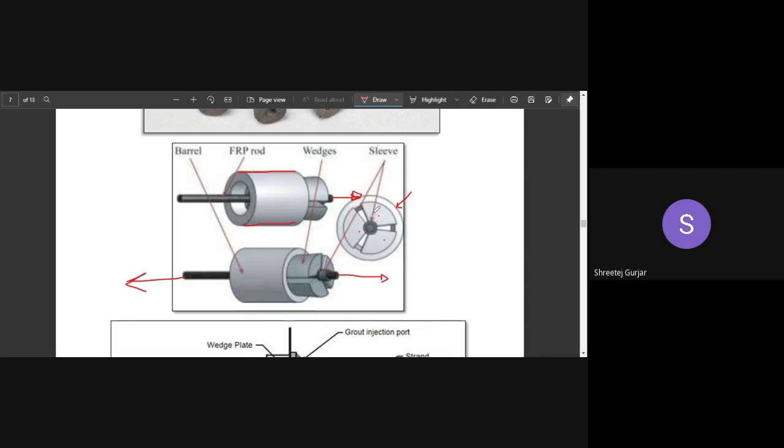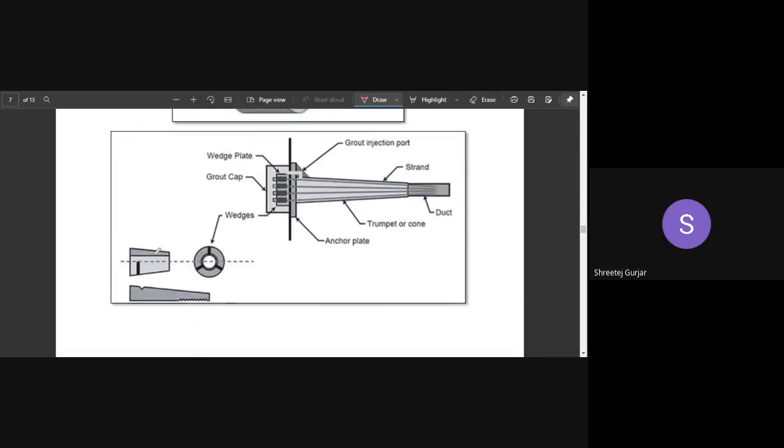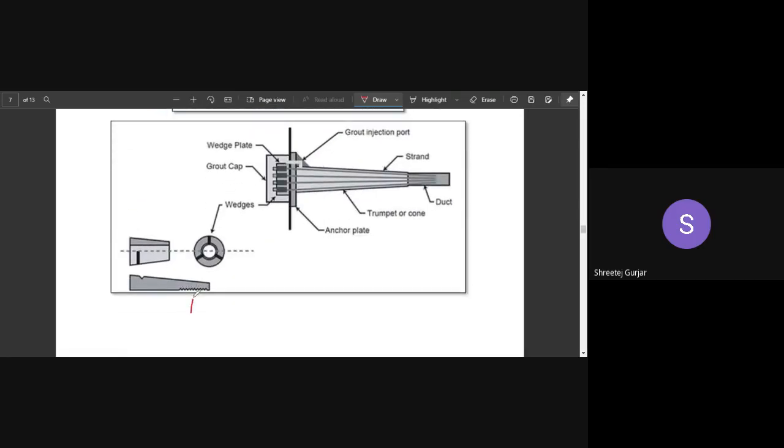These steel wedges have teeth, as I've shown you, which will hold the steel wire or strand. In this image you can see these teeth, and they hold your steel in place. You can also see this steel wedge is made up of three pieces, one, two and three.